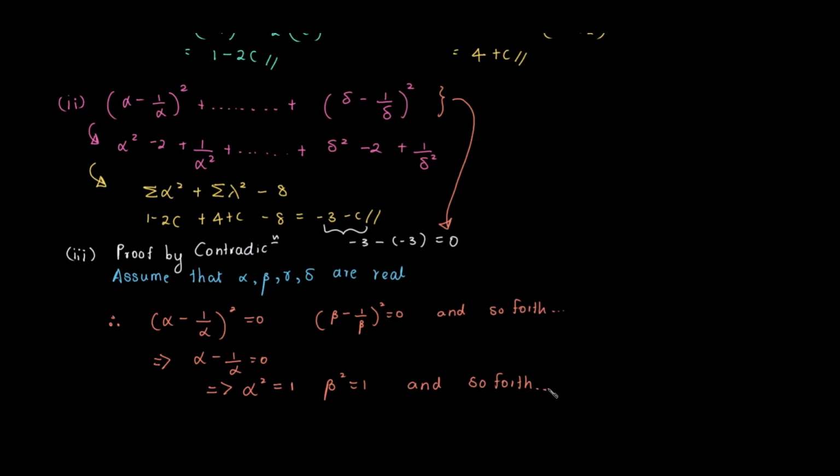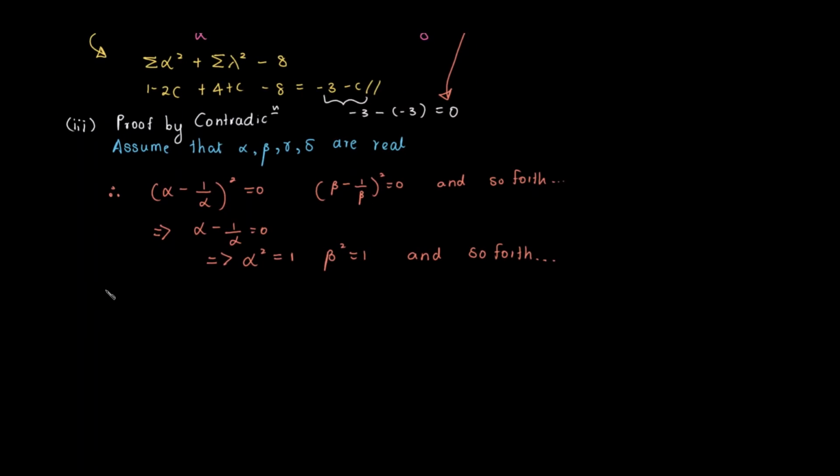And then, if you observe very carefully, alpha squared plus beta squared plus gamma squared plus delta squared is equal to 4, because 1 plus 1 plus 1 plus 1 is equal to 4.